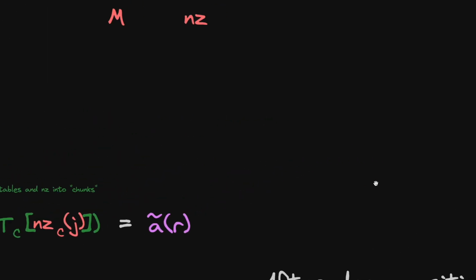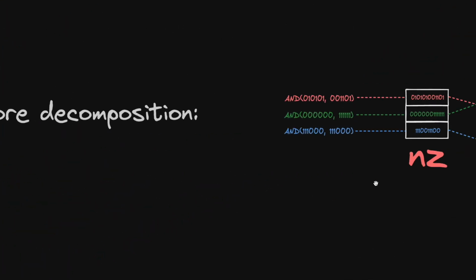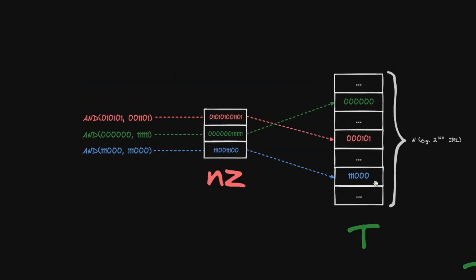Before the decomposition, we had something that looks like this. Here we're looking at 3 bitwise AND operations on various operands. These correspond to these entries of NZ. Basically, the operands are being concatenated together to get the corresponding NZ entry.